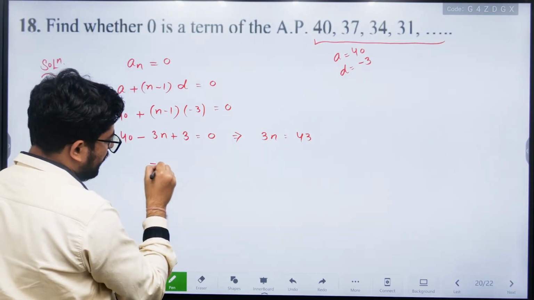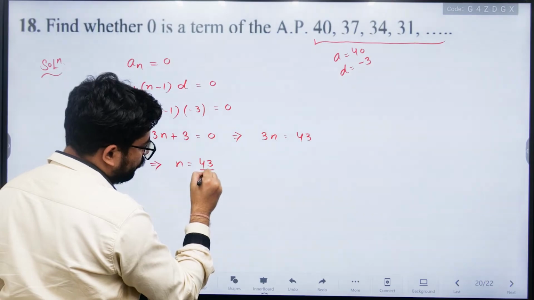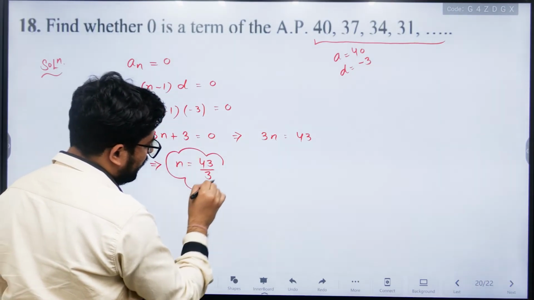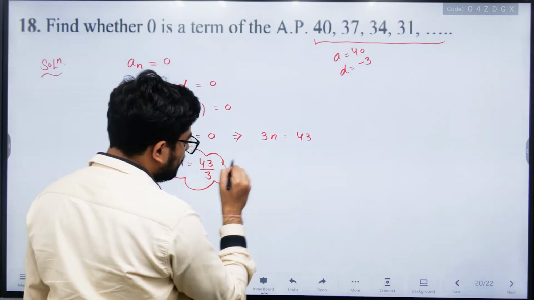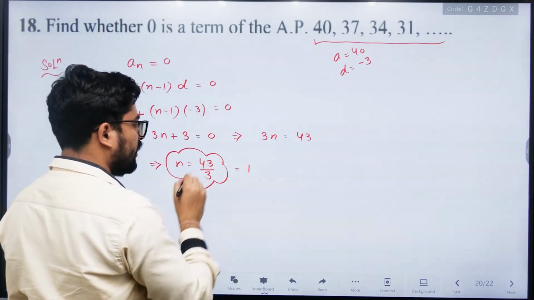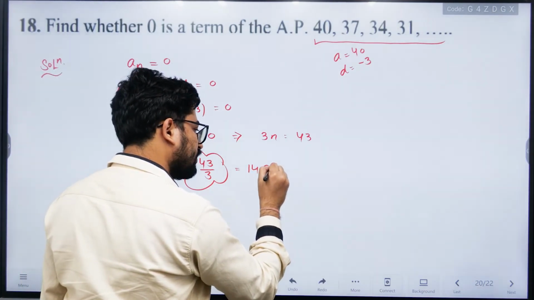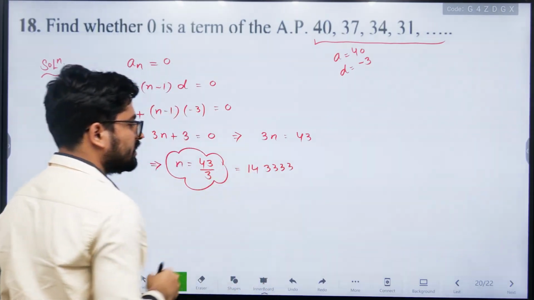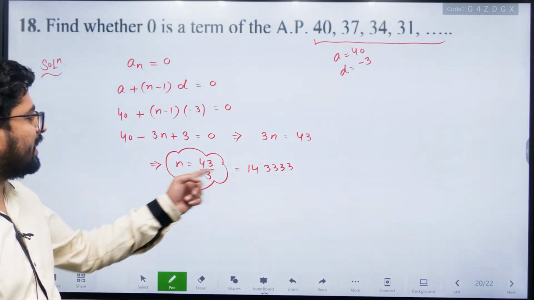So n is equal to 43 by 3. And this is not an integral value. 43 by 3 is 14.333. N is this.